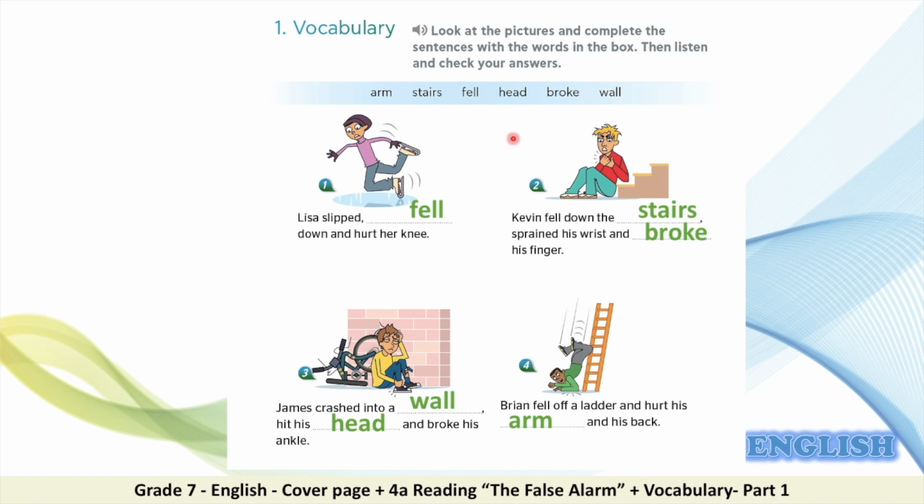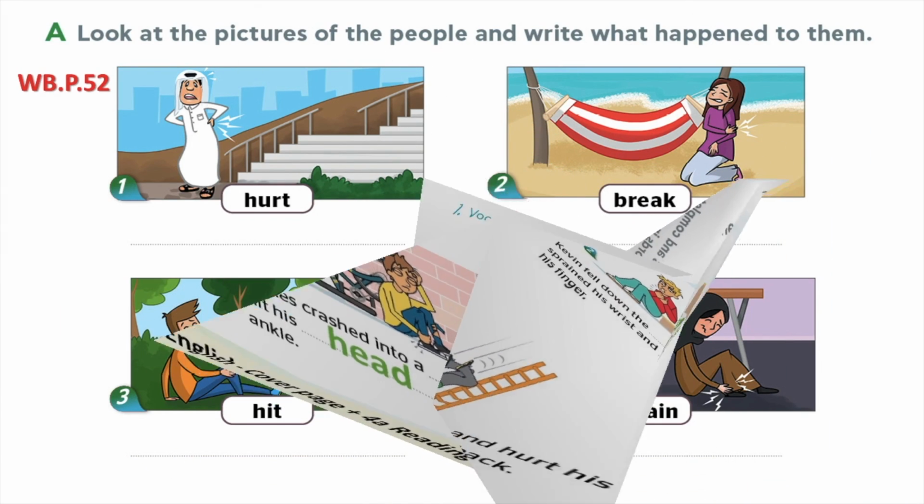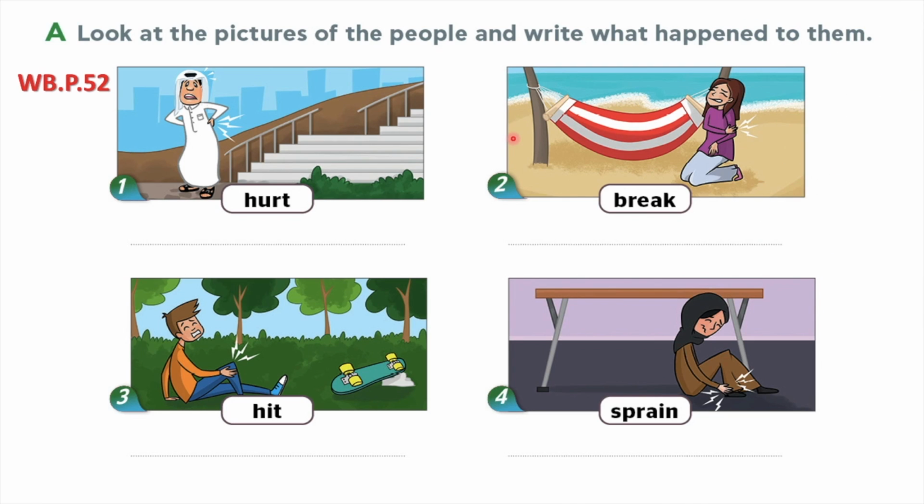Okay, well done, my students. Let's move to one more activity in your workbooks, page 52. Here you need to look at these pictures and write what happened to these persons.